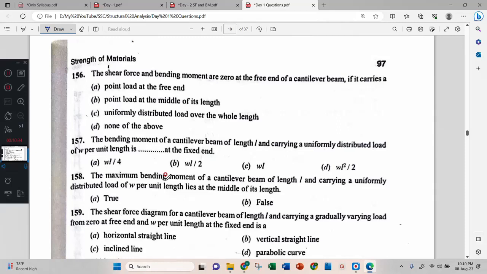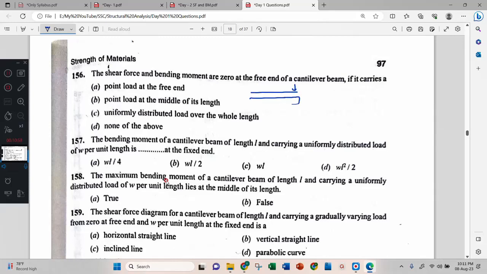Shear force and bending moment are 0 at the free end of a cantilever beam if it carries a point load at the free end?